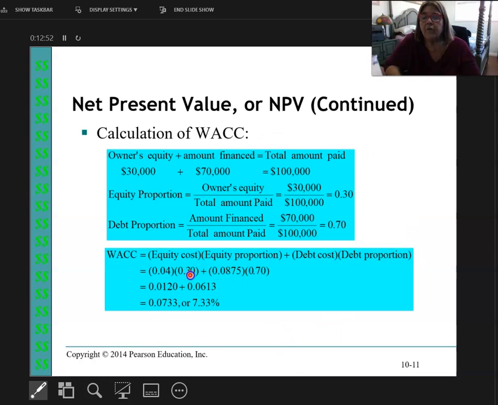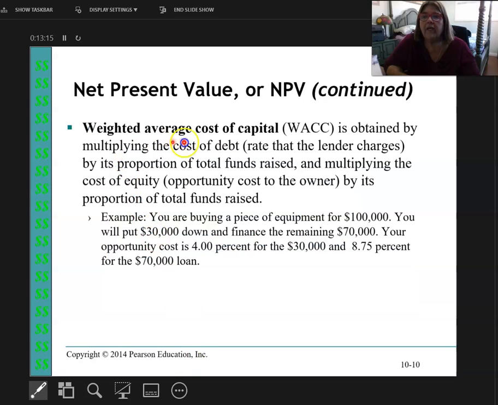So I'm multiplying 30% times the 0.04 plus 70% times the 0.0875. Remember, percents, change them to decimals when you go to multiply. So my actual real return is going to be 7.33. Okay? So the WACC, let's go back, weighted average cost of capital. This is all under the net NPV.